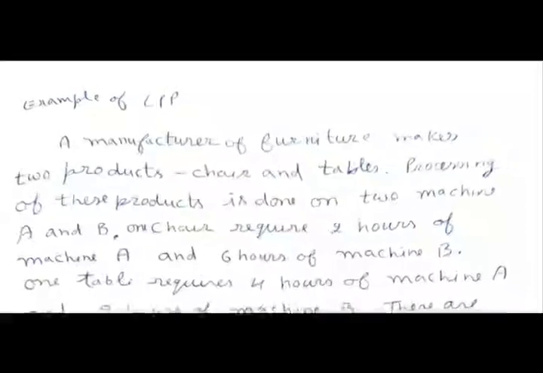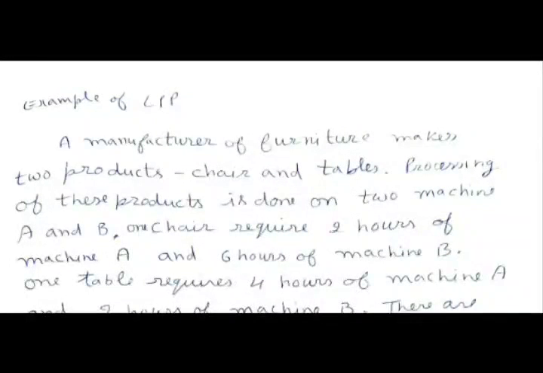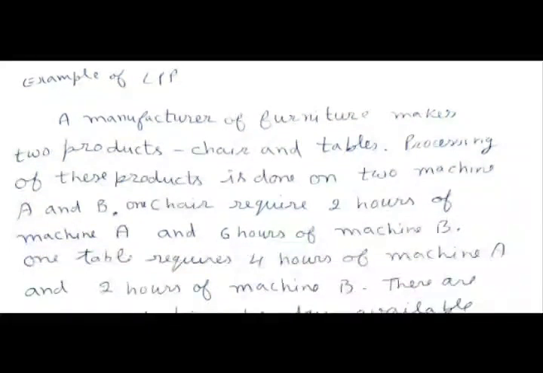Now to explain the problem, I will take an example. A manufacturer of furniture makes two products, chair and table.